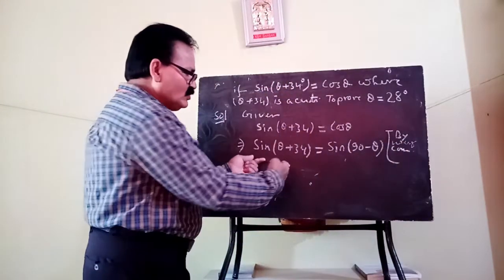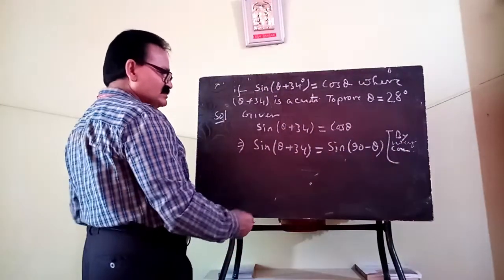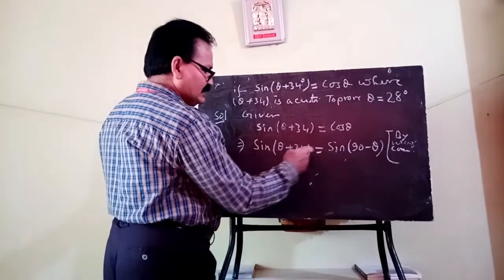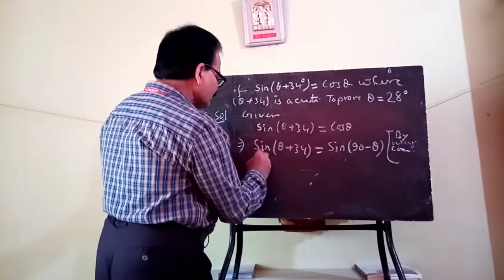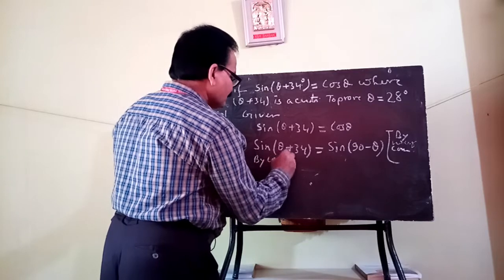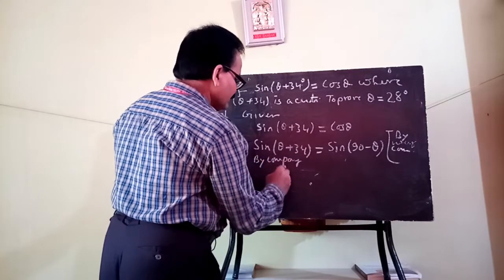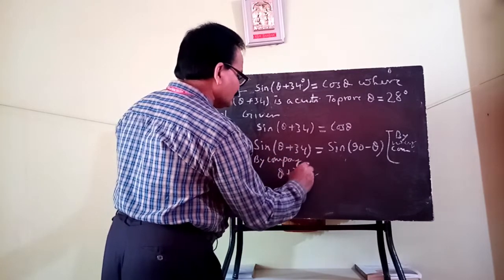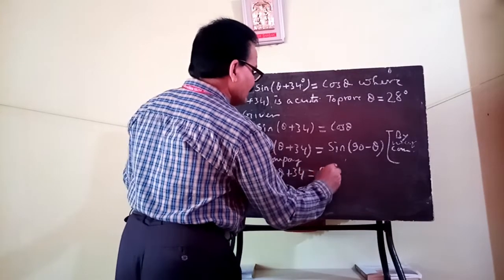Now both become sine, so in order to maintain the equality, the angles must be equal. So by comparing, theta plus 34 must be equal to 90 minus theta.